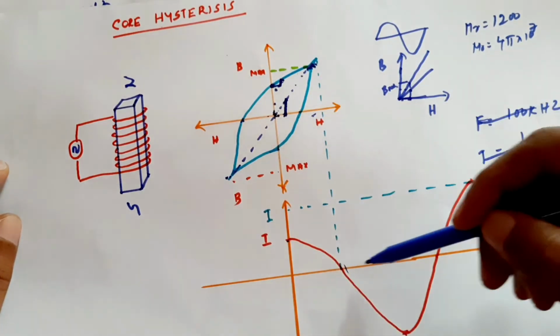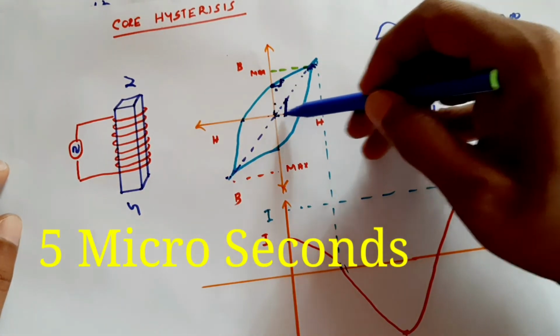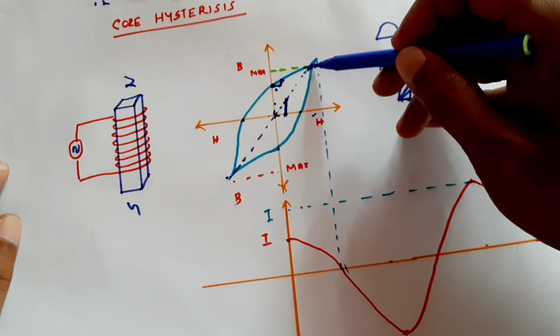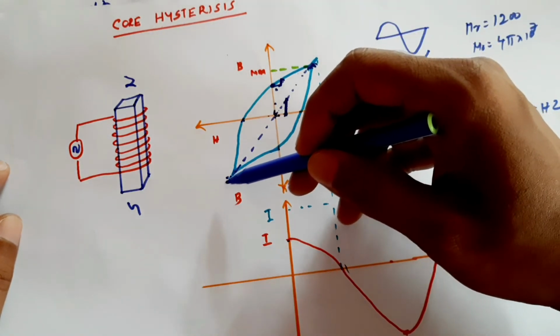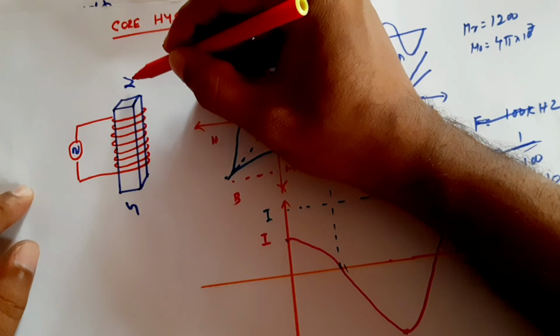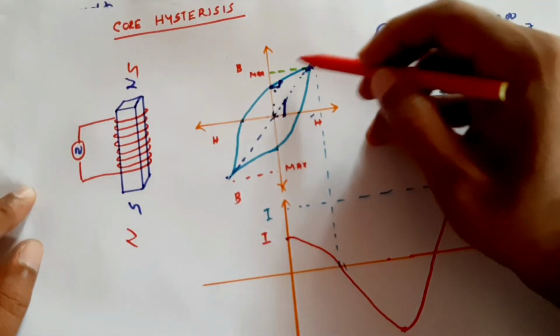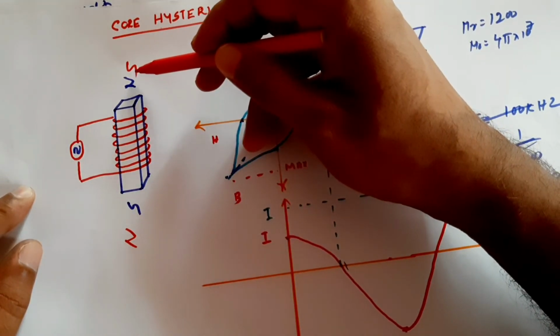If the period of the input wave is 10 microseconds, that means in 10 microseconds the flux will reach the maximum, and in another 10 microseconds the flux has to reach the reverse direction. Then the magnetic field becomes reversed, this becomes north and this becomes south. When it is reversed, the pole of the magnet is reversed.